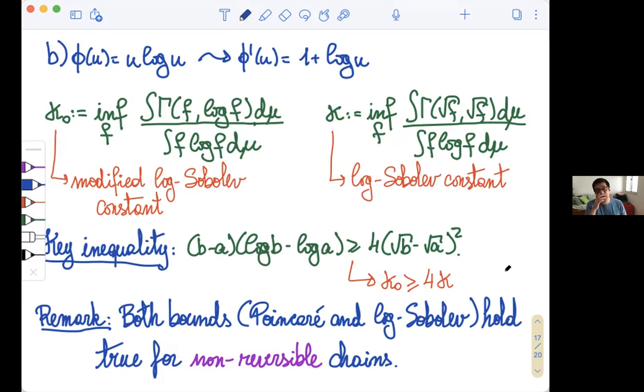Okay, so let me make just one comment. For the moment, you see that we are far from describing non-equilibrium stationary states, because in order to compute the Poincaré constant or the log-Sobolev constant, you need to know the measure mu. So here we're running into a circular argument because, I tell you, if you know the Poincaré constant, then you will know something about the invariant measure, but actually you need the invariant measure to compute the Poincaré constant.